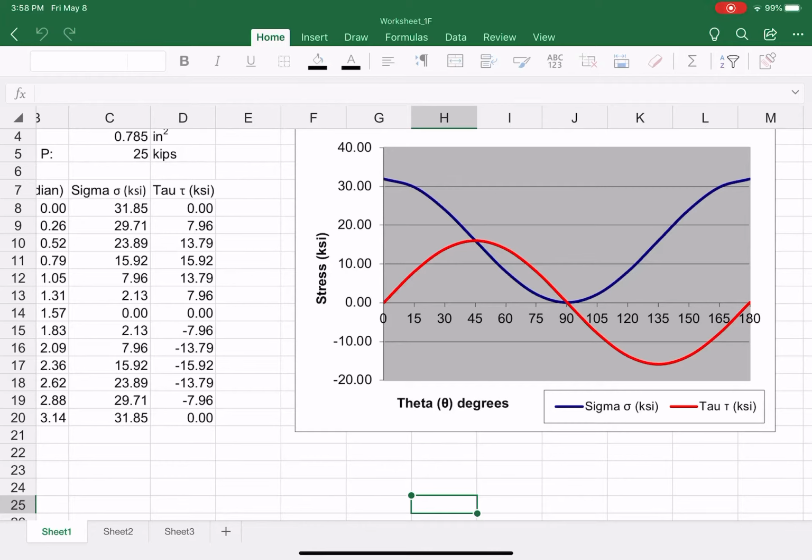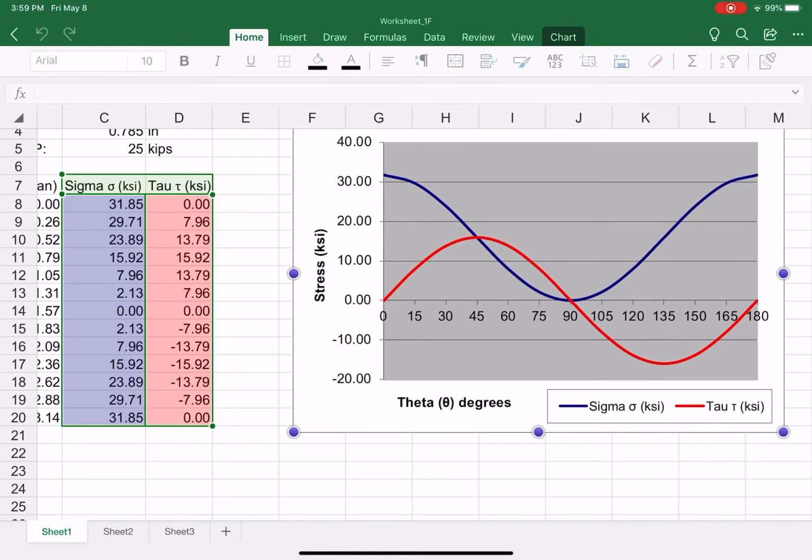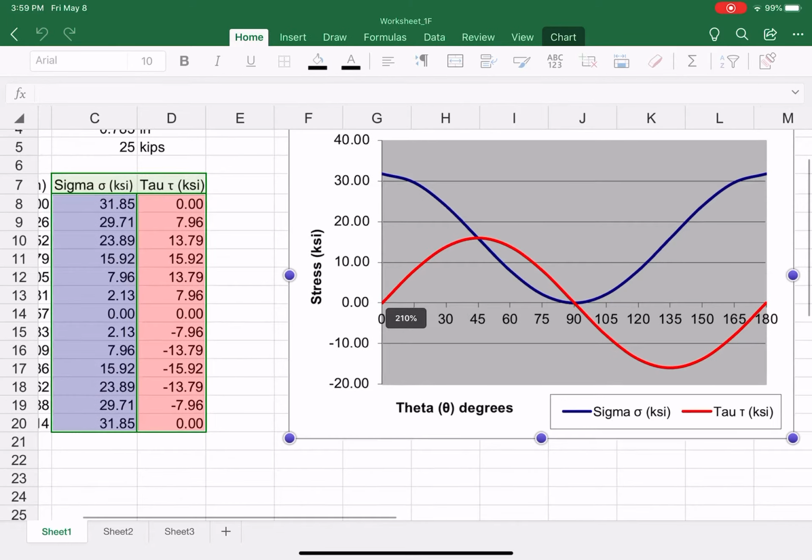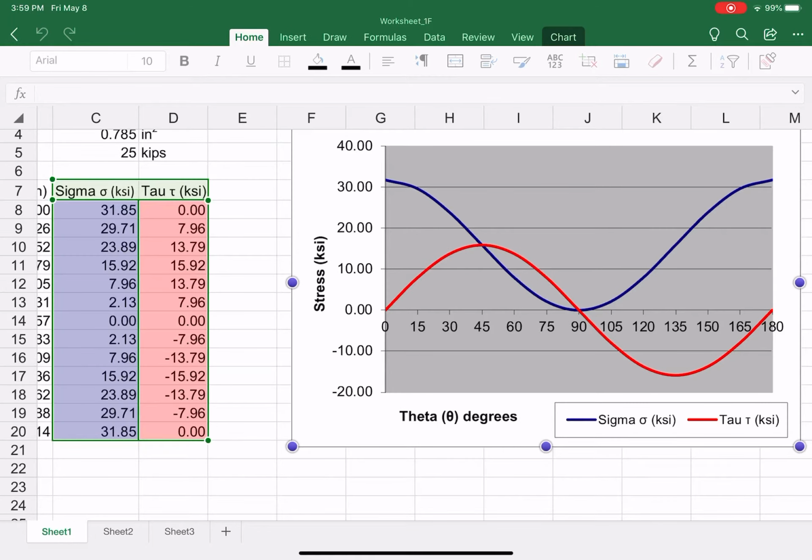At 90 degrees of theta, it means that the cut is parallel to the longitudinal axis. And for tau, which is the shear stress, it is 0 at 0 degrees and 90 degrees, and maximum at 45 degrees. Intuitively, when you see the graph, the tau max at 45 degrees is half of the sigma max.